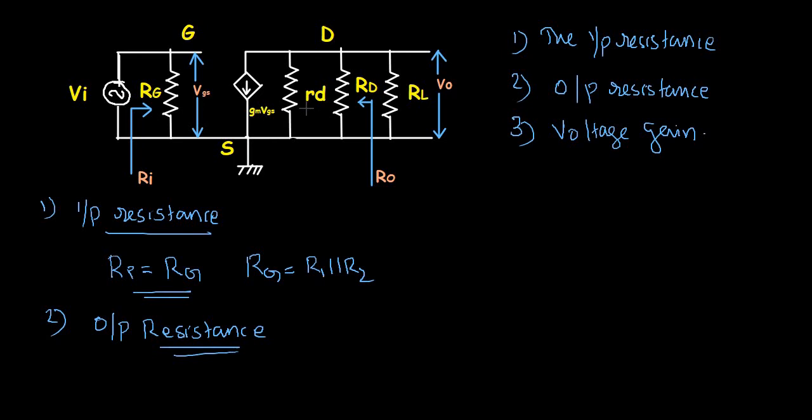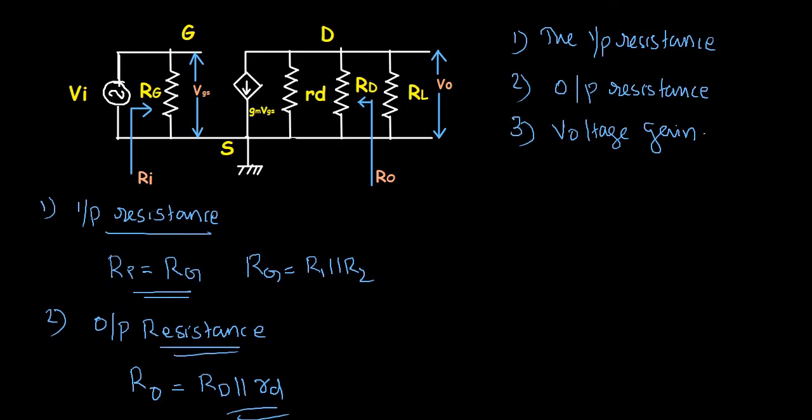Here there are two resistors, this small rd and this capital RD, which appear in the output side. So we can easily find that the output resistance Ro is equal to rd parallel RD. So this is the equation for output resistance.